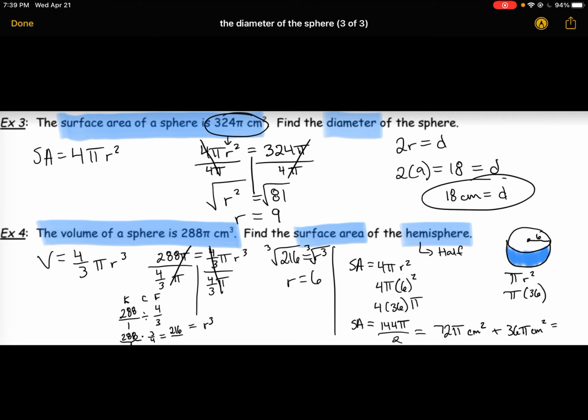Pi r squared is what we'll need. So we'll do pi times 6 squared, to get us 36. So we're going to add 36 pi to 72 pi, and we'll end up with 108 pi. So that's going to be the final answer for the hemisphere. So we take the surface area, divide it by 2, and then we have to add the area of the circle that is on top.